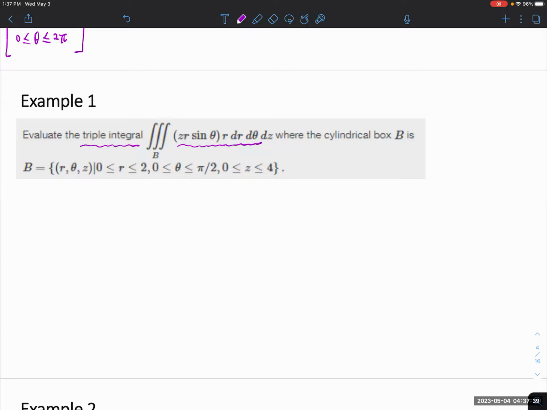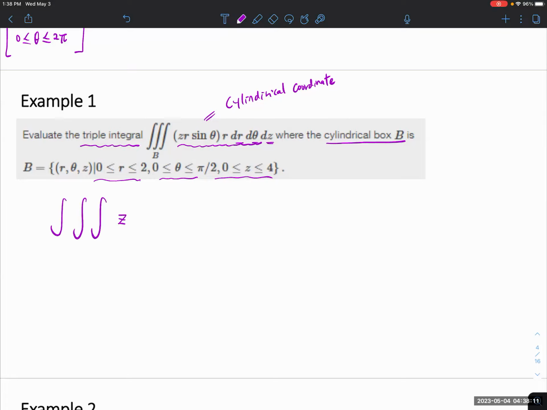We already have a cylindrical coordinate system, so we don't need to convert anything. And then they have a specific interval in cylindrical for each r, theta, and z. So we have to utilize this given interval. So everything is very nice because you see that it's given. So we can write the triple integral very simply.